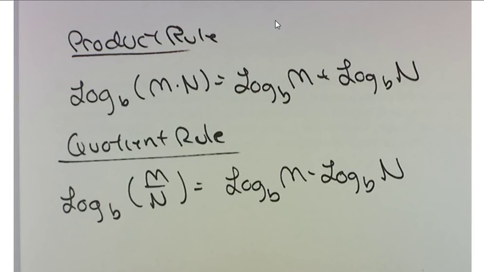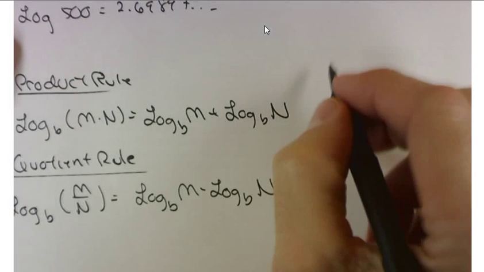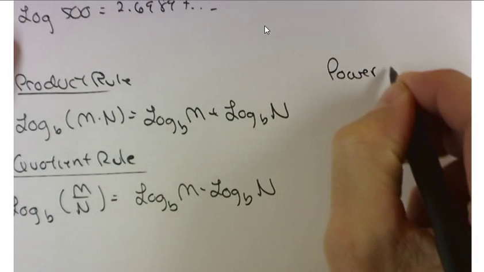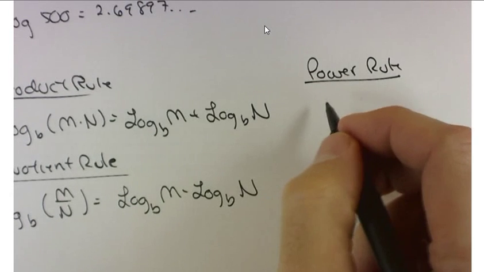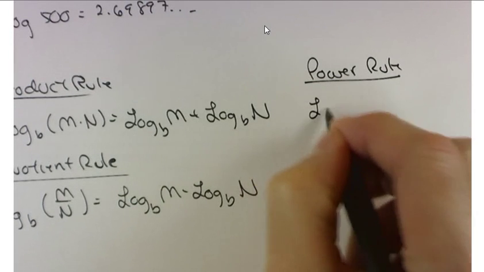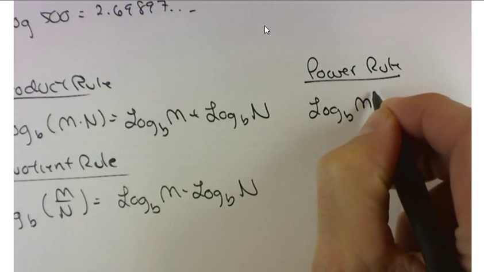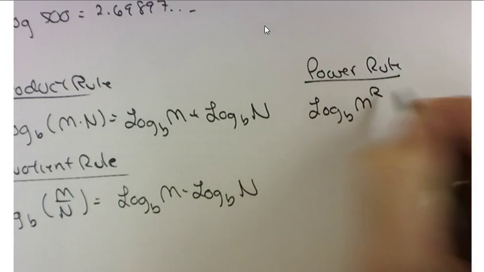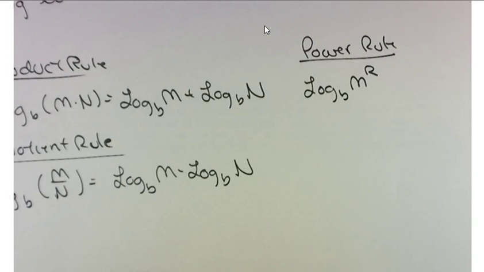Now there's one last rule that we need to know, and that's our power rule. The power rule is this. When we have log base b of some number to a power, that power can come out in front.